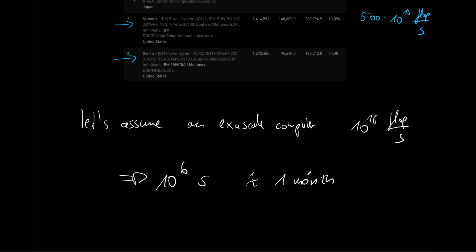And now you might say, well, it's great. We just need 1 month on the fastest supercomputer. And I claimed that you can't solve DNS. Well, that's true. You could do that, given that you implement it in a really efficient way. But the interesting aspect of engineering simulations is that you are not interested in just one simulation, but usually in more than one, because you want to do optimization or design exploration.